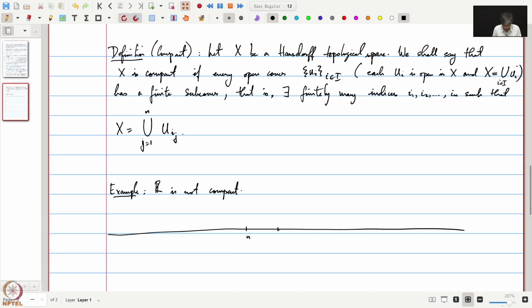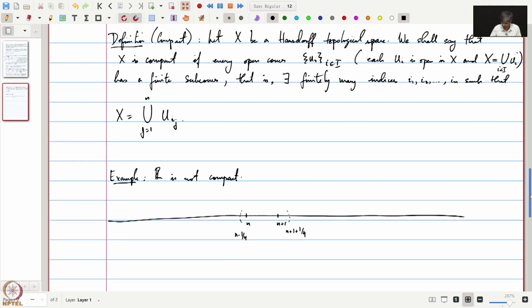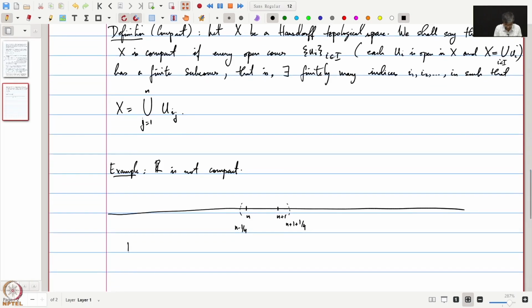We take any n, and we take the interval (n - 1/4, n + 1 + 1/4). Then we can write R as the union over n in the integers of (n - 1/4, n + 1 + 1/4).